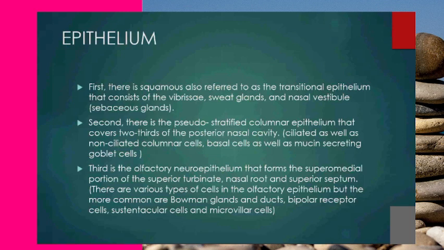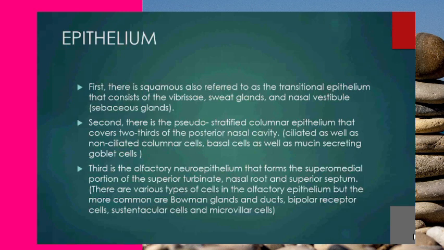So you know that three kinds of epithelium are there in the nose and paranasal sinuses. One is the squamous epithelium, which is present in the nasal vestibule, with vibrissae and sweat glands. The second is the pseudostratified columnar epithelium, which covers the two-thirds of the posterior nasal cavity.